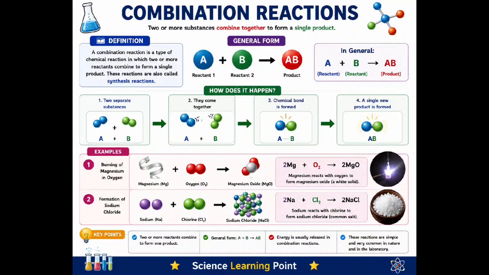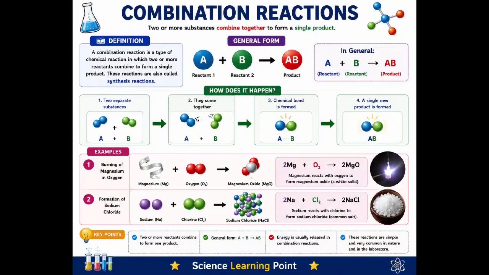Let's take another example. Sodium reacts with chlorine and forms sodium chloride, which is common salt, you know. Again we have two reactants, sodium and chlorine. They combine and form only one product, sodium chloride. So this is also a combination reaction.